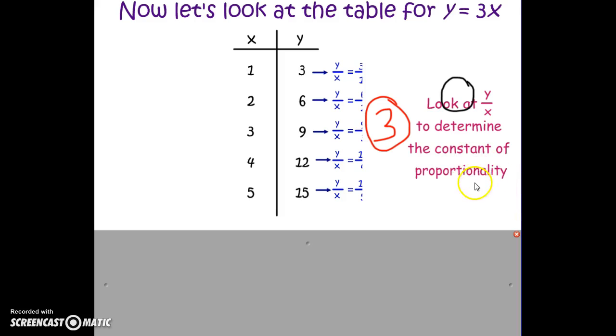Constant is the same, it's all proportional, 3 over 1 is 3. So at the top where it says constant of proportionality, go ahead and put a 3. And then that ratio is called k. So it's kind of like the variable for the constant of proportionality. It's called k.